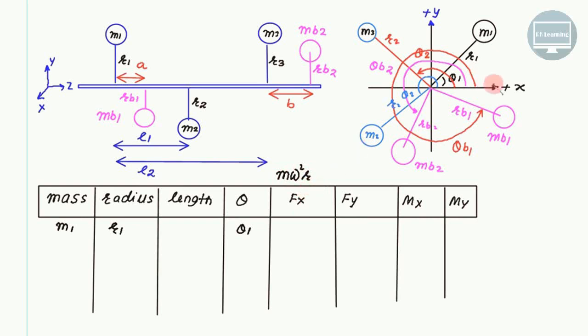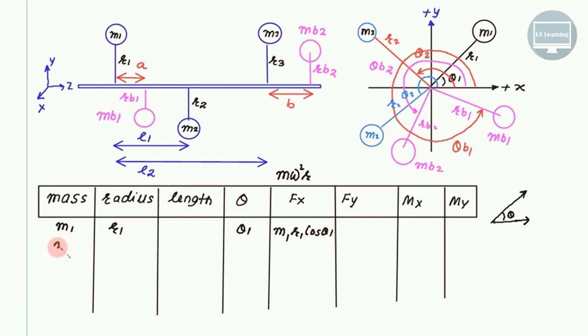Is it a cos theta component? If the force is like this and this angle is theta, then this component is the cos component, and this one is the sine. Omega I will not write because omega is the same for all. So we just write M1 R1 cos theta 1.